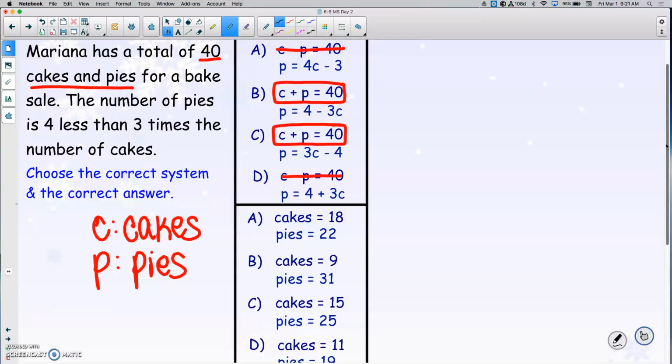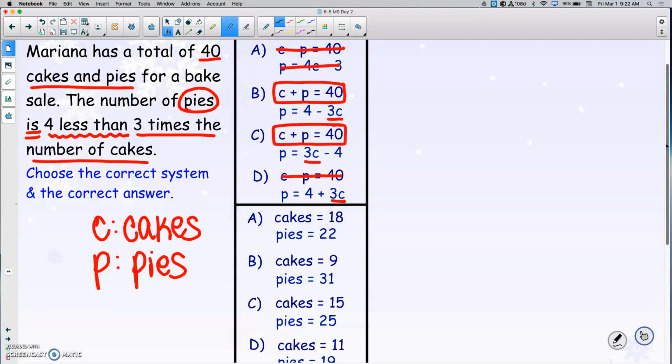Now the second equation says the number of pies, so the number of pies is, that means P equals. Pies is 4 less than 3 times the number of cakes. So 3 times the number of cakes. I see that here, not this one. So A is out.